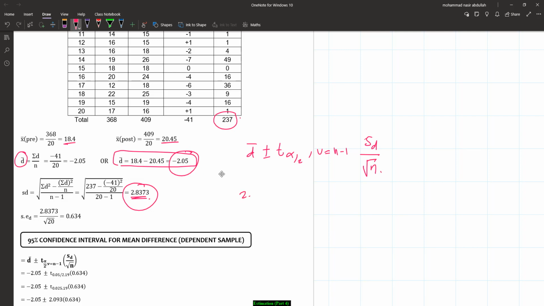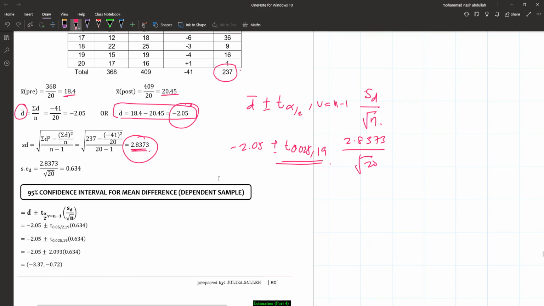So negative 2.05 plus minus t 0.025 with 19, and then 2.8373 divided by square root of 20. You need to find the t value, which is 2.093, and then you plug in the values and you will get the answer.